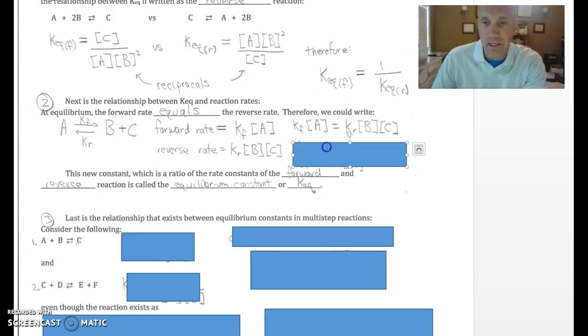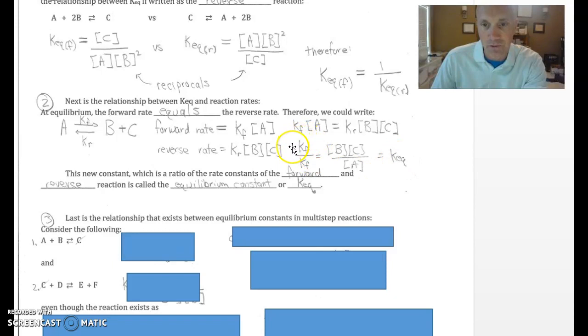That could be rearranged so that we get the constants on one side and the concentrations on the other, and you would get something like this. Hopefully you can notice that this expression is exactly what you would get if you were to write the equilibrium constant for this reversible reaction, and so that is equal to KEQ.